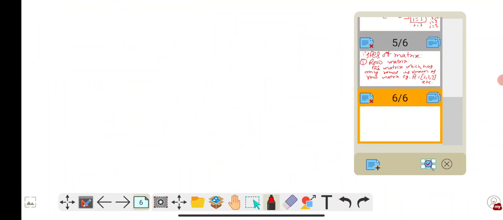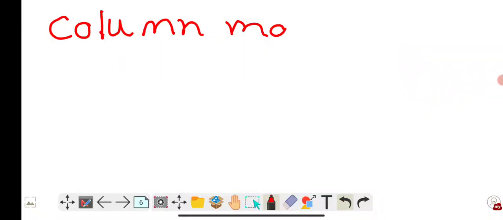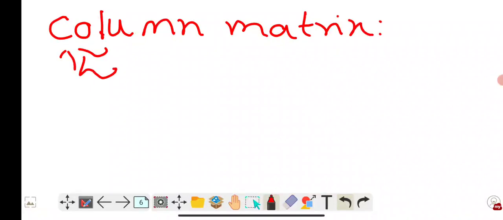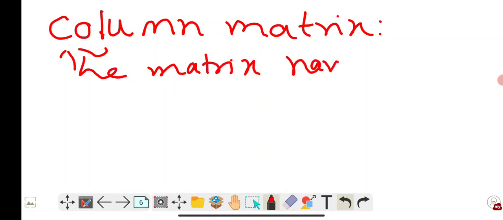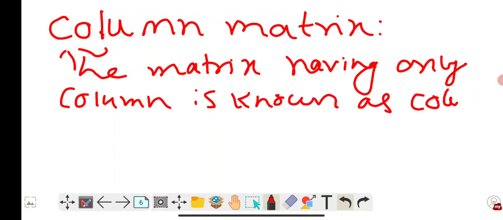Now the next matrix is column matrix. Column matrix. The matrix having only columns is known as a column matrix.